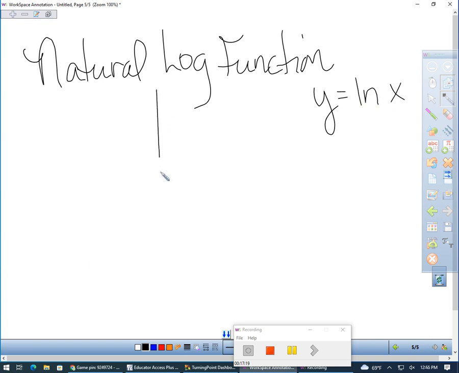That graph was a curve that approached the y-axis but never ever crossed it. Because remember, you couldn't have a value less than 0 for a natural log, right?